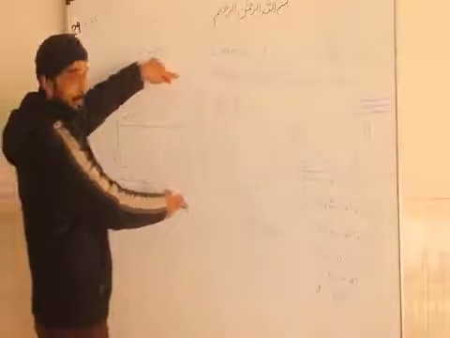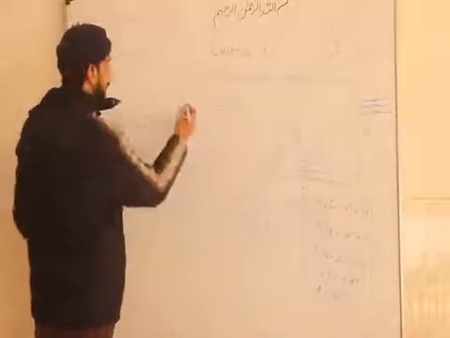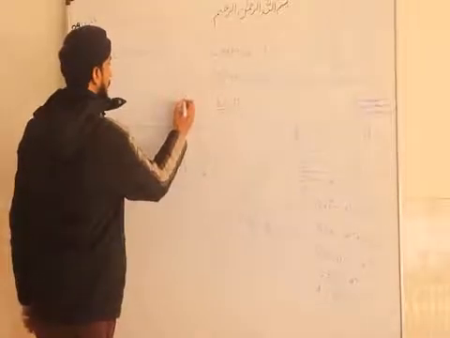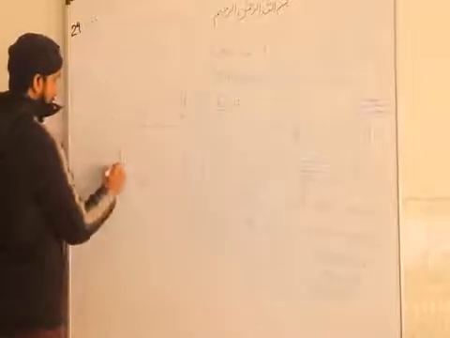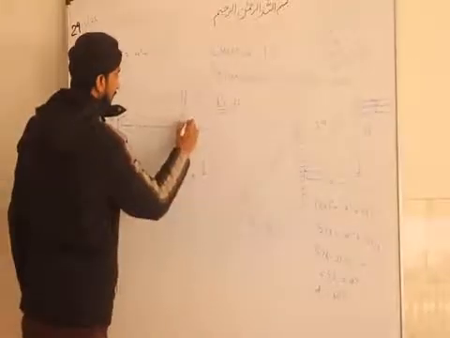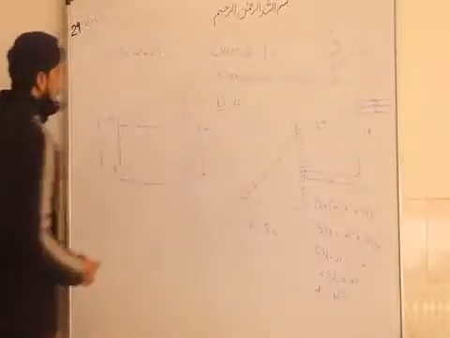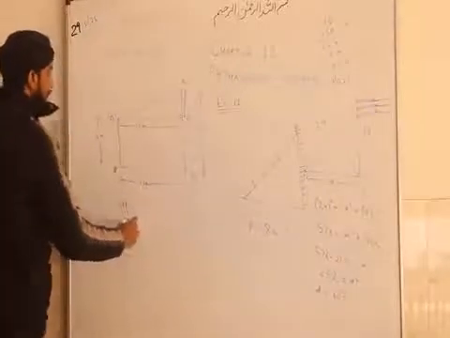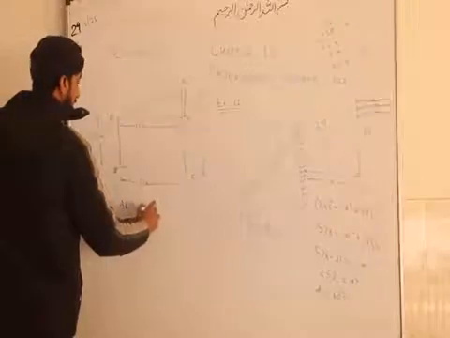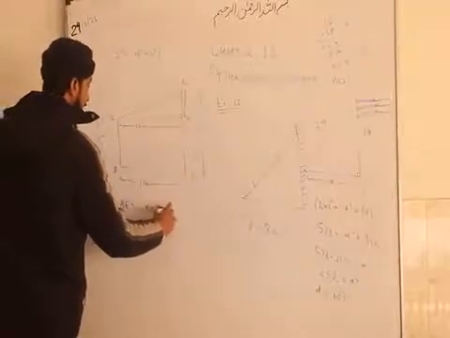Fine. This is 6. This is 11. So it will be 11 minus 6. It comes 5. So now you can find this. Suppose we mark these points A, B, C, D, E. We will take out AE square must be equal to AD square plus DE square.